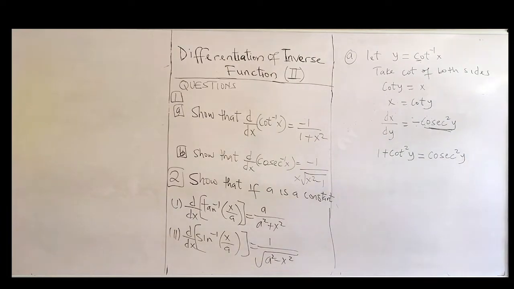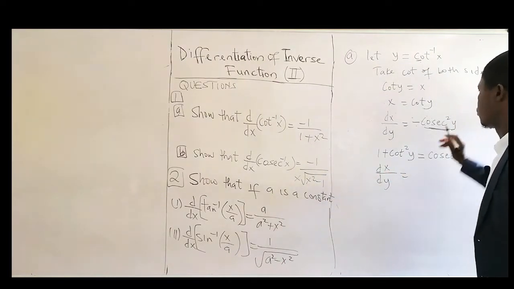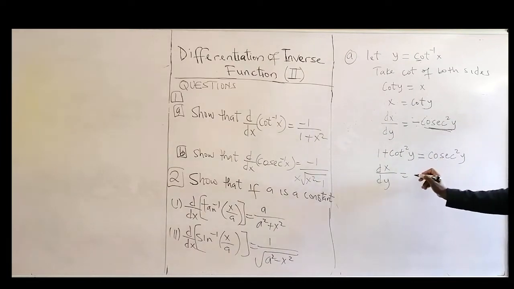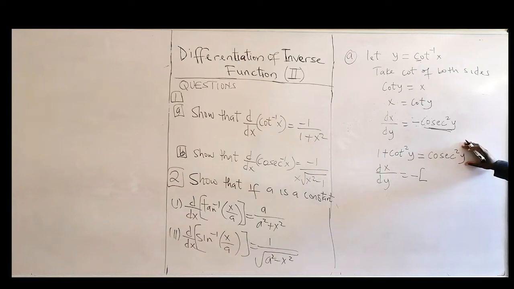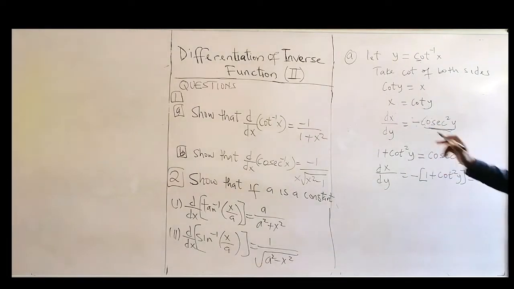So we can substitute for that, and dx/dy is equal to minus into brackets cosec squared y, which is 1 plus cot squared y, which is equal to minus into brackets 1 plus x squared.